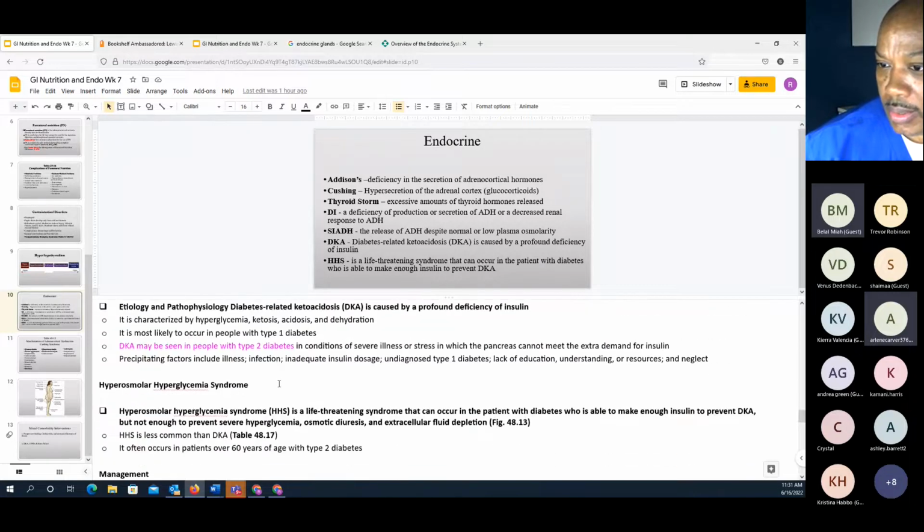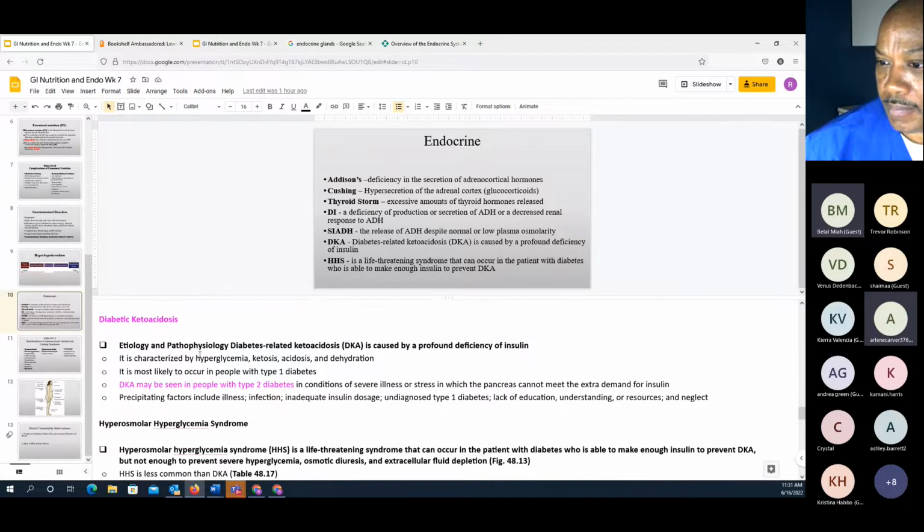Let's see, DKA. All right, so there's this profound deficiency in insulin here. You have hyperglycemia, the ketosis, the acidosis. Again, the acidosis.